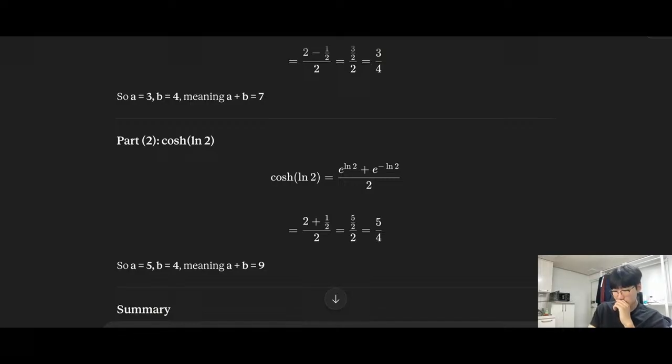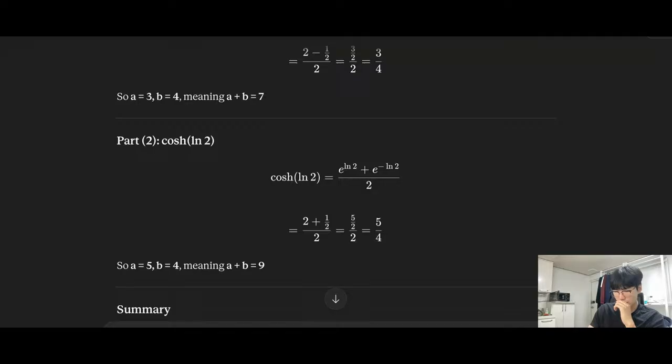I get it. So that makes it 2 plus, that is negative 2, which is plus 2 and 1, which is 2 and 1.5. 1/2. So 1/2 over 2, which makes it 4, 4.